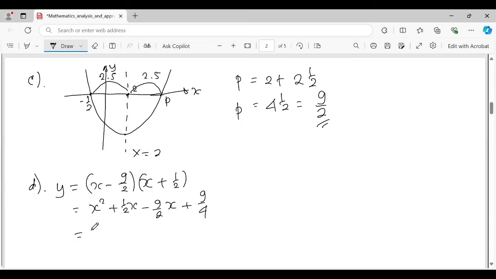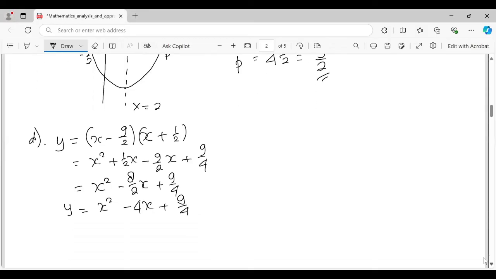So it becomes x squared minus 8 over 2 x minus 9 over 4. So y equals x squared minus 4x minus 9 over 4. Through this function, we can determine a, b, c. a equals 1, b equals minus 4, and c equals minus 9 over 4.